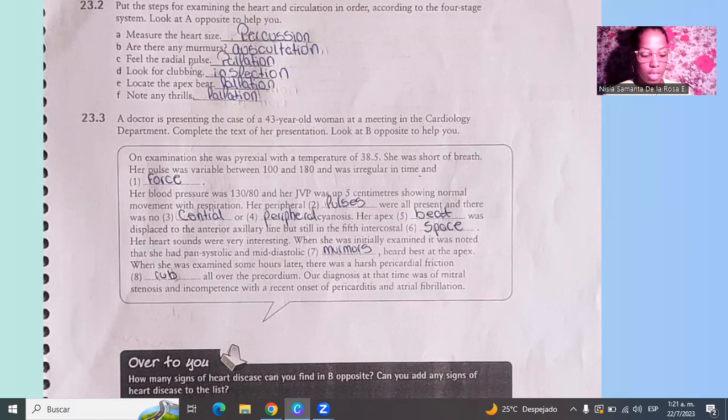When examined, there was a harsh pericardial friction rub all over the pericardium. Our diagnosis at the time was of mitral stenosis and incompetence with a recent onset of pericarditis and atrial fibrillation.